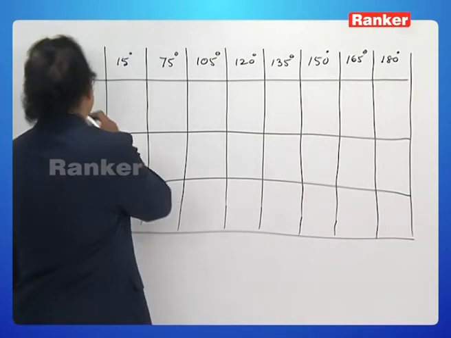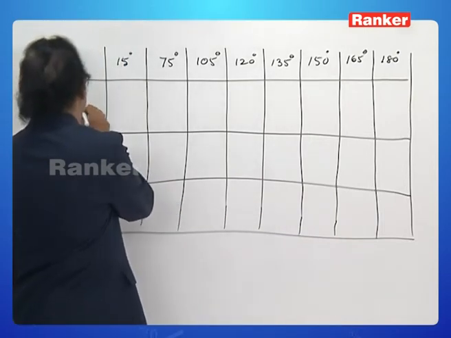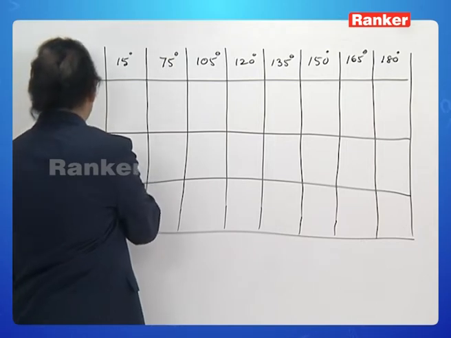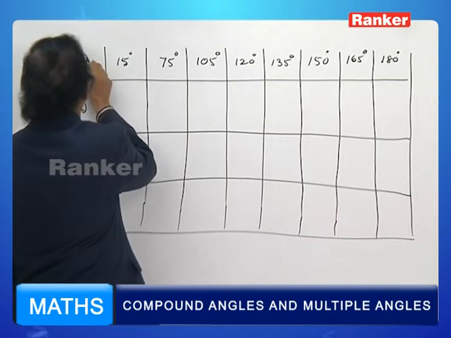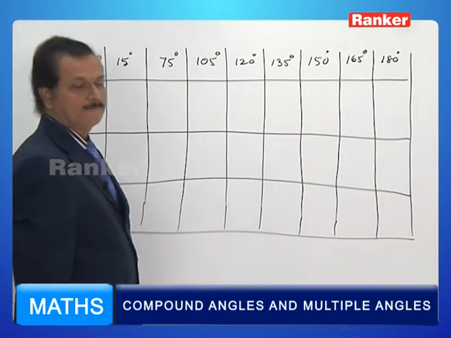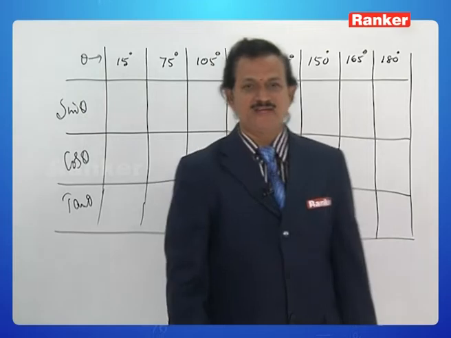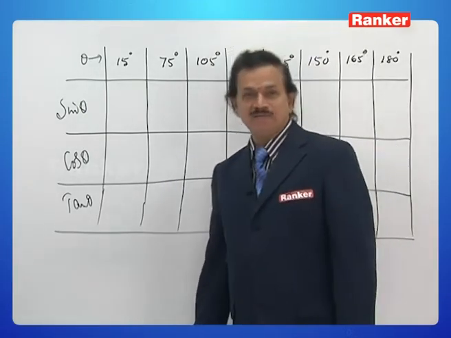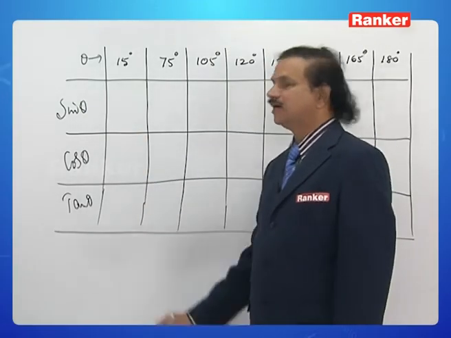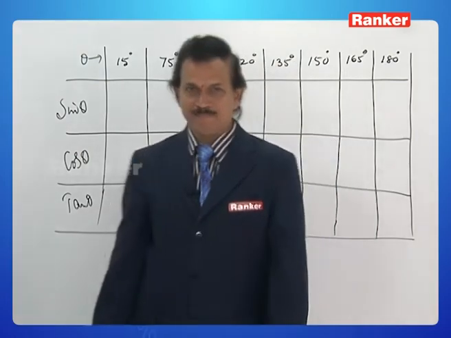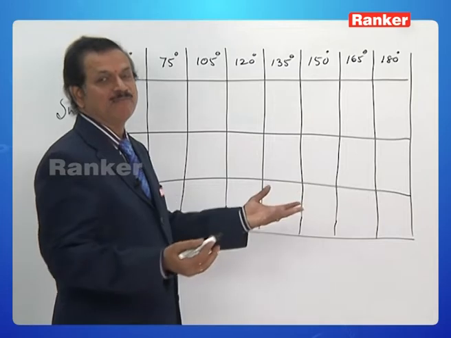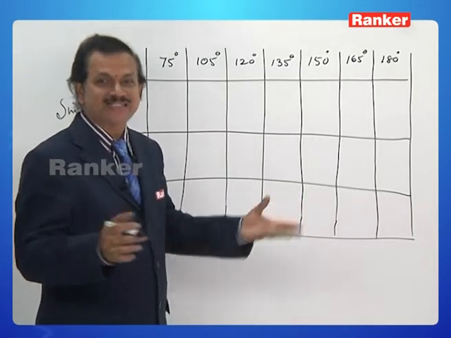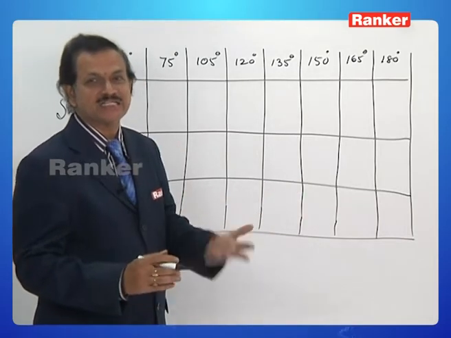Well, sine theta, cos theta and tan theta. I would like to prepare the tabular form. How can you have all the values for sine theta, cos theta and tan theta? See, filling up this tabular form is a good exercise of recollecting the values.